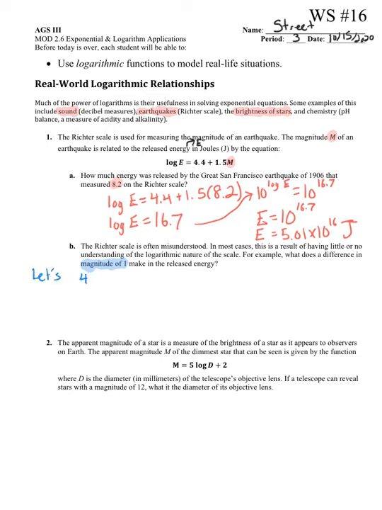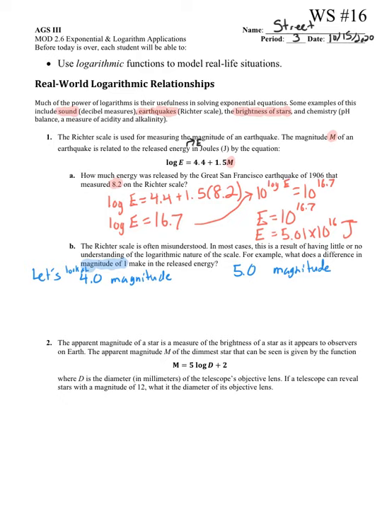We could say a 4.0 magnitude and a 5.0 magnitude. And we're going to compare our results to figure out what's the difference in energy being released from a 4.0 to a 5.0.